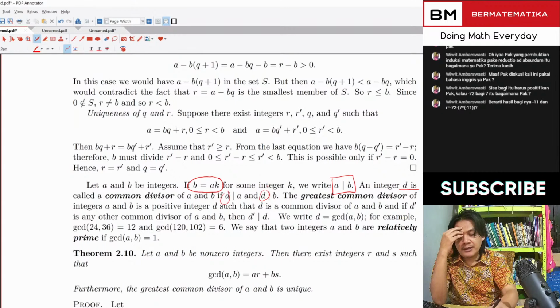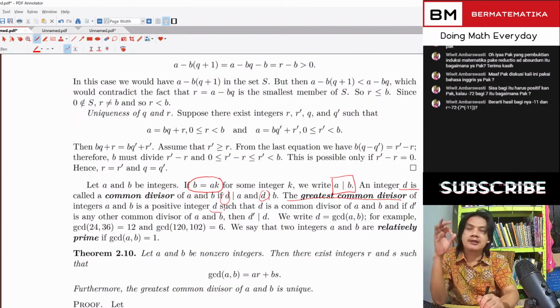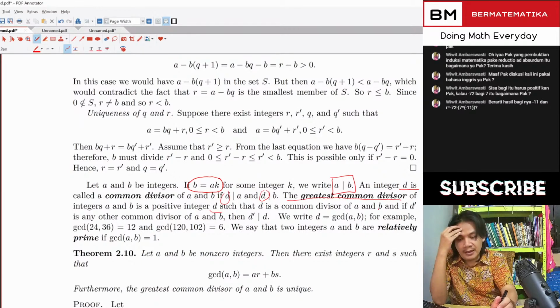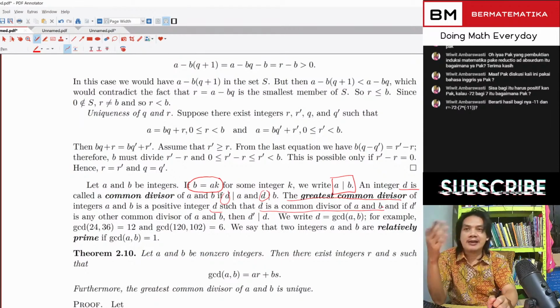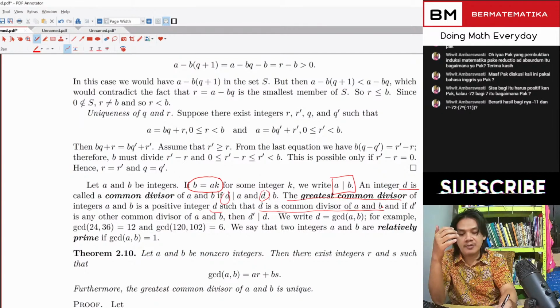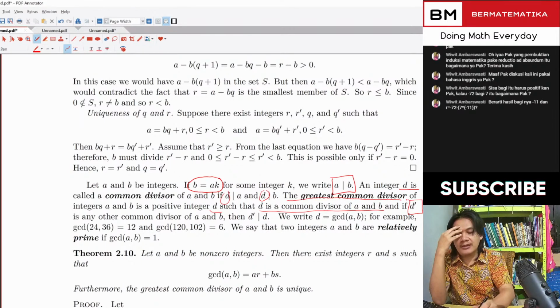And we say a positive number D to be the greatest common divisor if, first, at least it needs to divide A and B. So D divides A and D divides B, which is the same thing as saying that D is a common divisor of A and B. And moreover, if we find another common divisor of A and B, then this common divisor still needs to divide D. So if there is D prime which divides both A and B, then this D prime divides D as well.